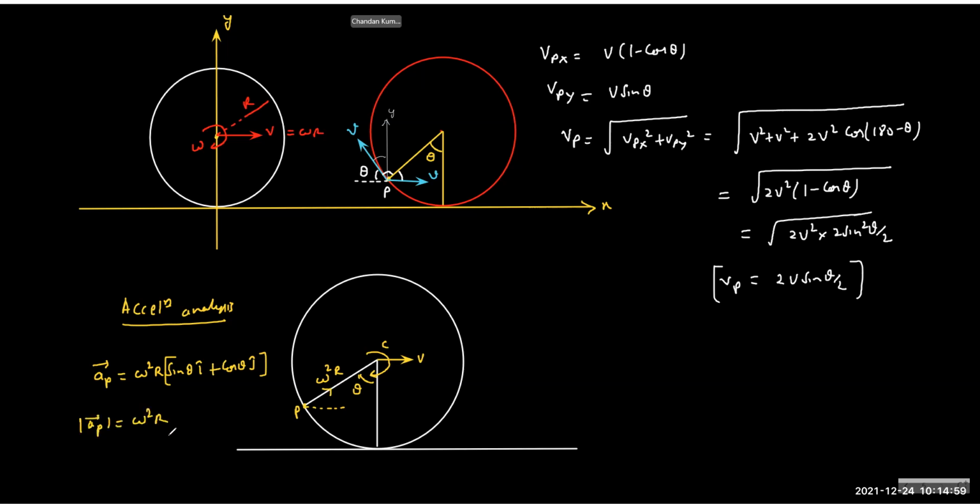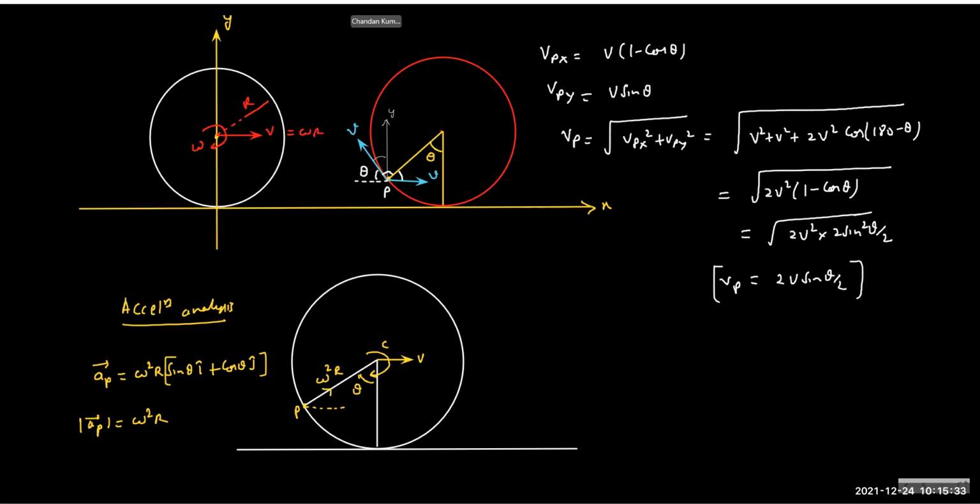So every point on the periphery, or any point which is at a distance r from the center, will have only one acceleration, that is omega square r. When a body is performing pure rolling motion with constant omega, then you will only have centripetal acceleration, and that is always pointed towards the center of the body.